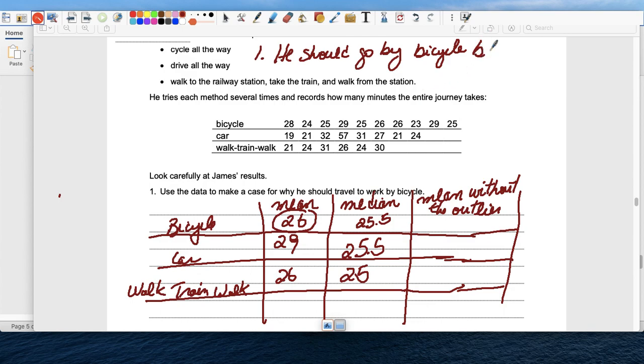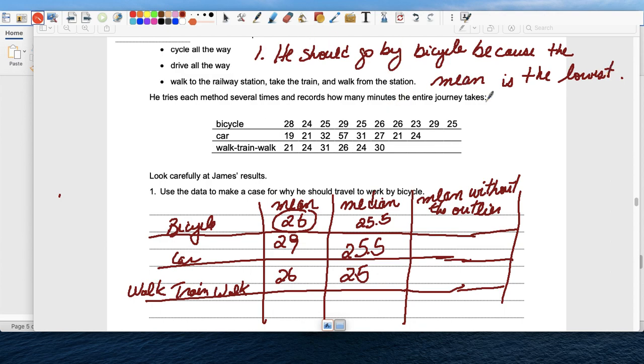Because, ¿por qué? Because the mean is el más bajo. The mean is the lowest. Okay. Debe ir de bicicleta porque el mean es el más bajo.